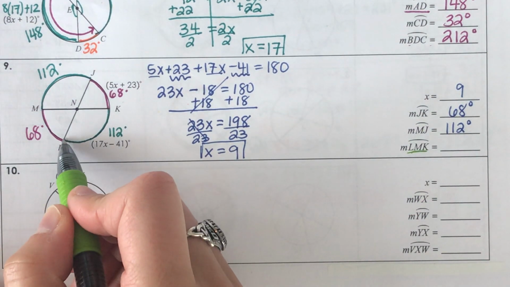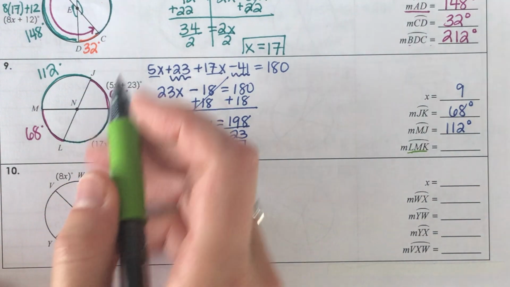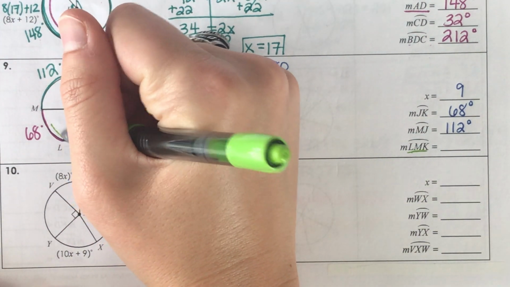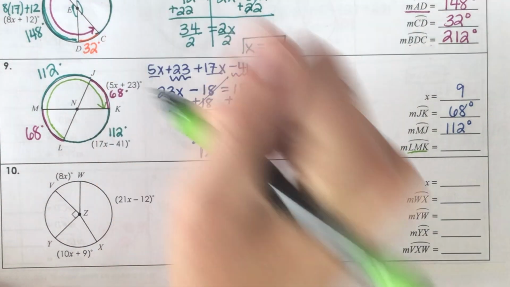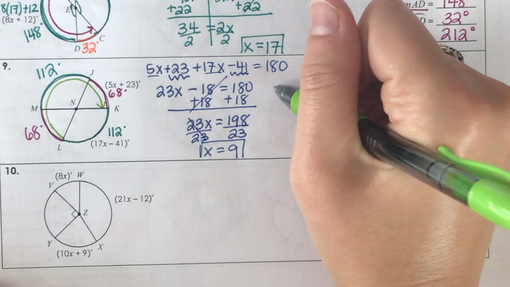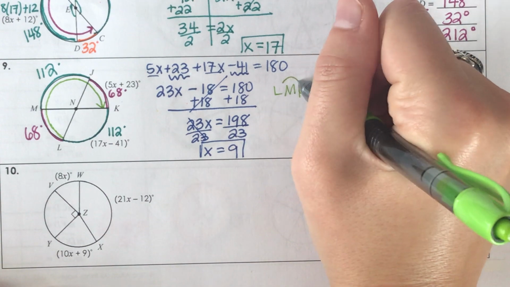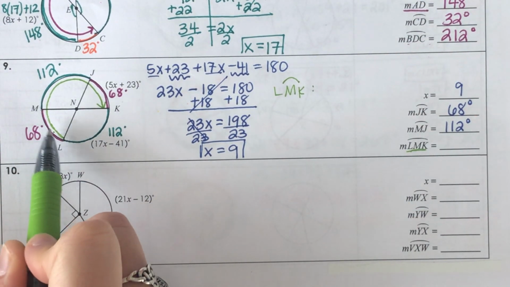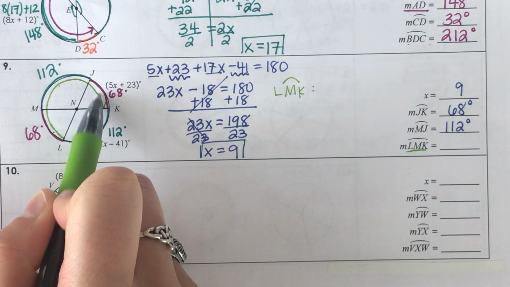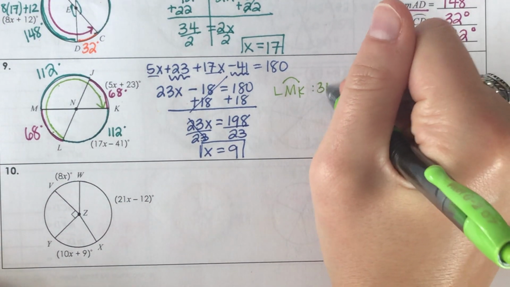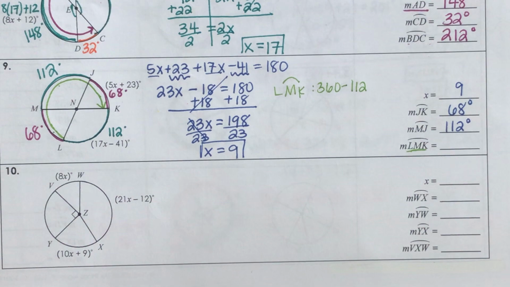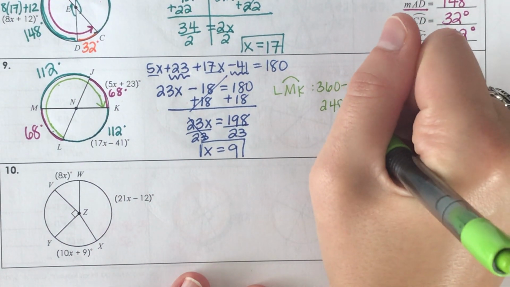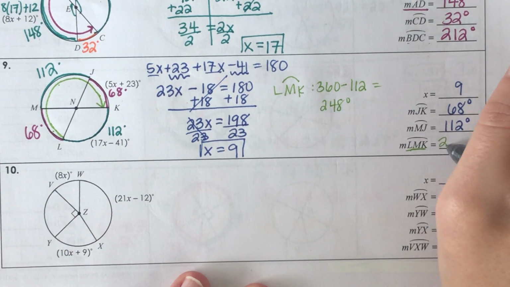LMK, L, M, all the way to K. So go from L through M, all the way to K. You can either add 68 plus 112 plus 68, or you can take the whole thing, 360, and subtract the piece that's left over that we're not using, and you get 248 degrees.